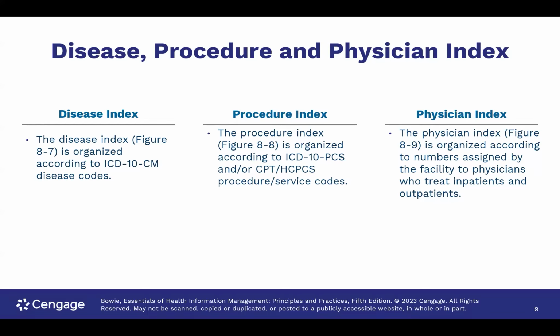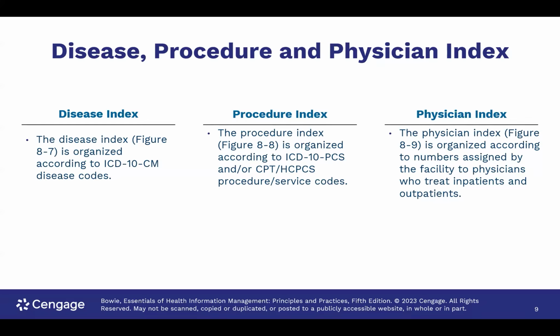So all patients with hypertension will be classified under I10, right? The procedure index is similar, except we're going to be organizing things by ICD-10-PCS codes or CPT and HCPCS codes. So that's how we'll be organizing these records.